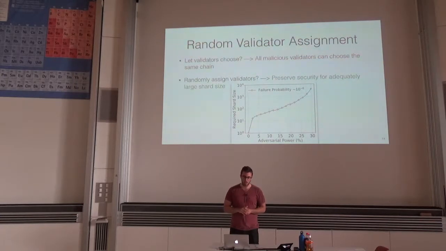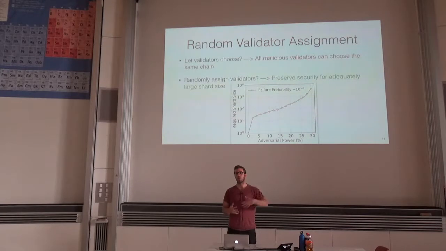So basically you look into a binomial distribution argument, where you have an unlimited set of validators, and you say we have a 25% chance of picking a malicious validator and a 75% chance of not picking a malicious validator.